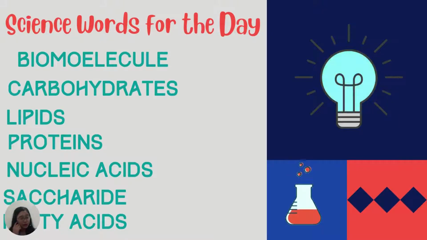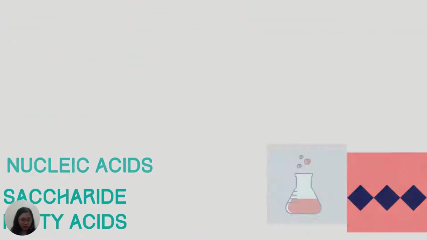So, let's unlock the different terms that we will be using in this lesson. We have here the different science words for the day: biomolecule, carbohydrates, lipids, proteins, nucleic acids, saccharides, and fatty acids. Let's start with biomolecule.